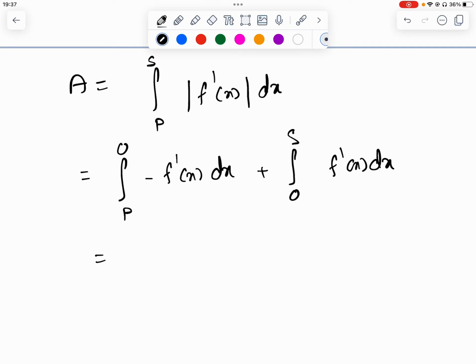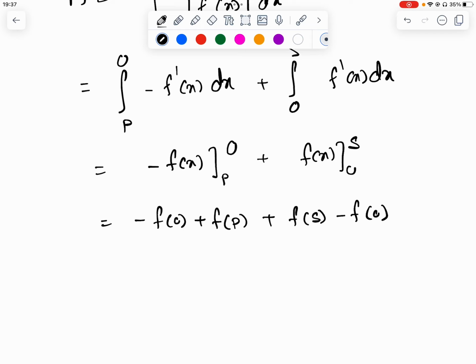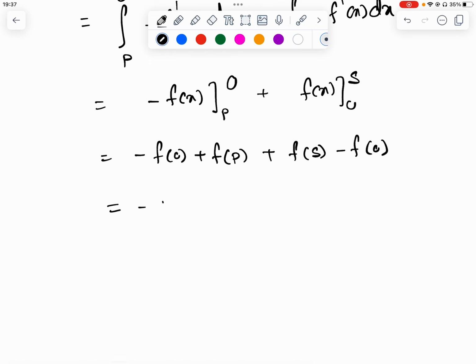When I find the integral of f prime, it becomes f of x from p to 0 and f of x from 0 to s. Now plug in: minus f of 0 minus of minus f of p, then plus f of s minus f of 0. So what does it become? Minus 2f of 0 plus f of s plus f of p.